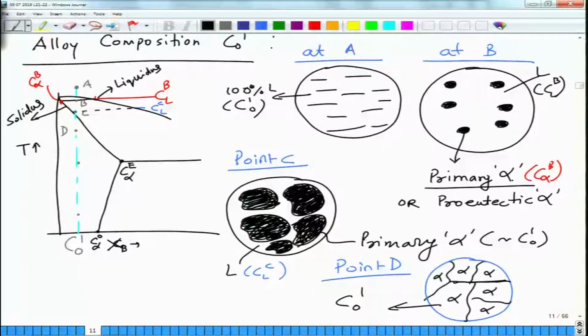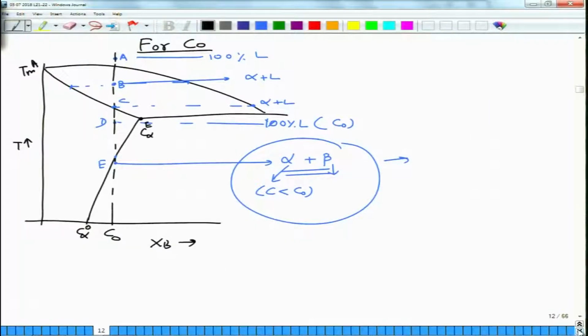This alpha is called primary alpha, or pro-eutectic alpha, and it is nearly formed with very little amount of liquid. When you are past the solidus line, then it is 100% alpha of composition C1. Okay. So, this is how we did the microstructure evolution.